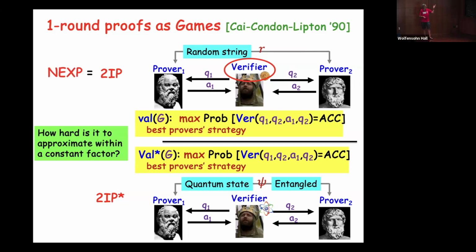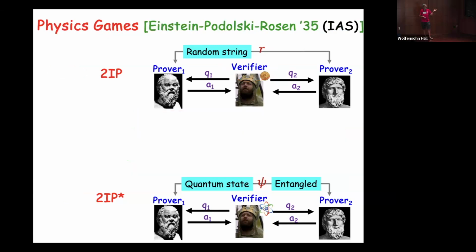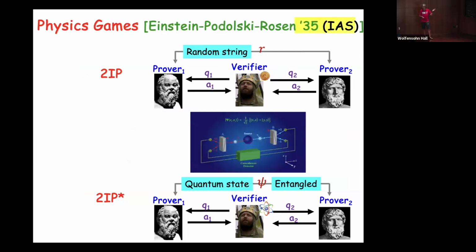And we know that in the classical cases, NEXP, and here it's RE, those are the statements I showed. But if you just squint at this description of classical and quantum prover proof systems, you see something you know. This is the famous EPR experiment.